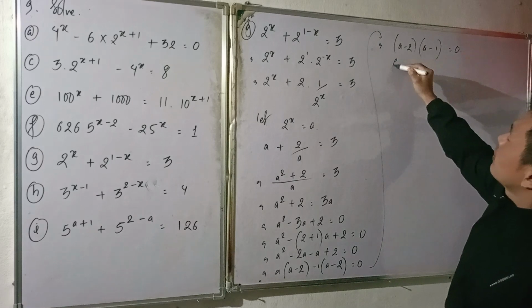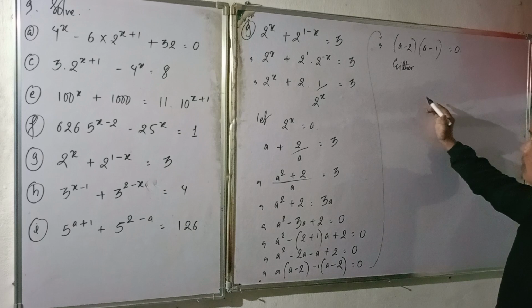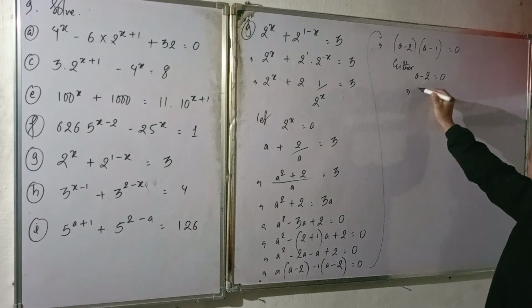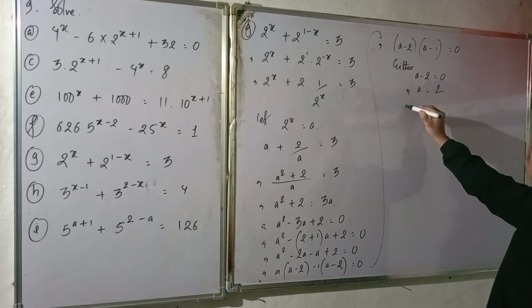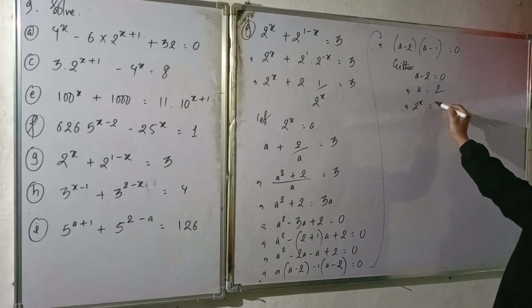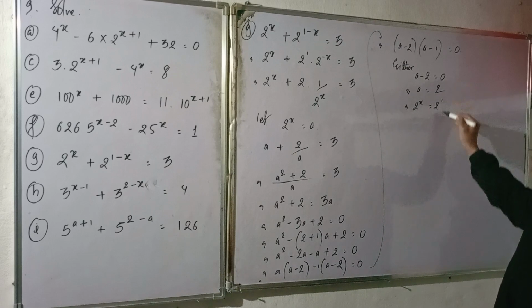Now do either, just like I said, this one is the trivial one. Very easy one. A minus 2 equals to 0, or a equals to 2. So we have a, replace the value of a by 2 power x, and 2 power here nothing means that will be always 1.